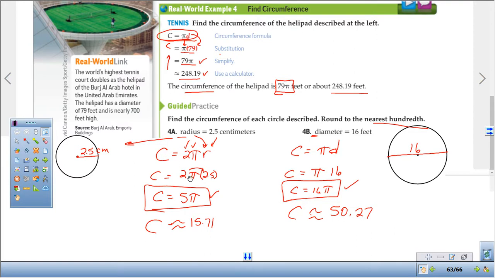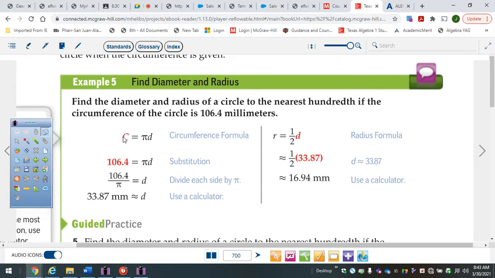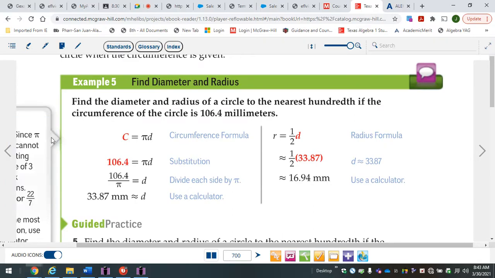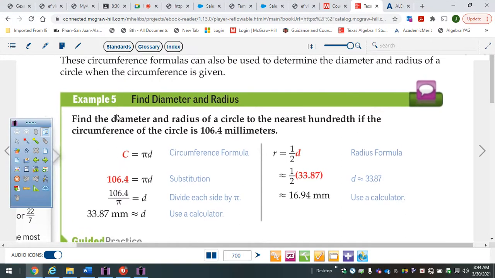Here they gave me the stuff to plug in, and I found the C. So what we're going to do now is go ahead and give you the C. We're going to give you what it's equal to, and you're going to have to find the diameter or the radius, the one that makes the circumference that big. This is basically algebra again, basic, simple, easy algebra.